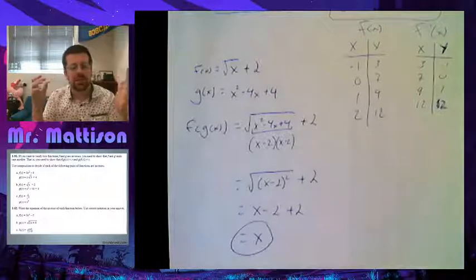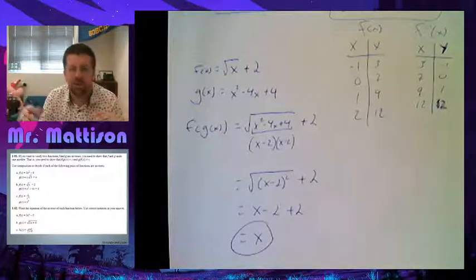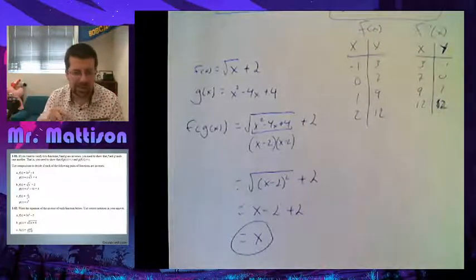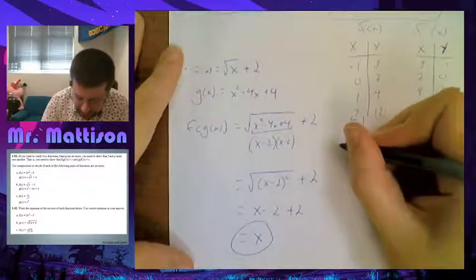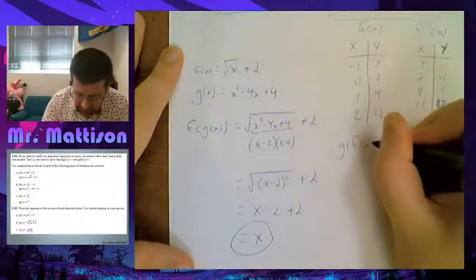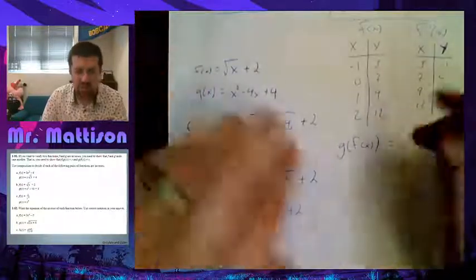Awesome. So it's really tempting to say, well, it worked there, we're good, it's an inverse, but you need to check the opposite way too. So if I do g of f of x, what do I get?